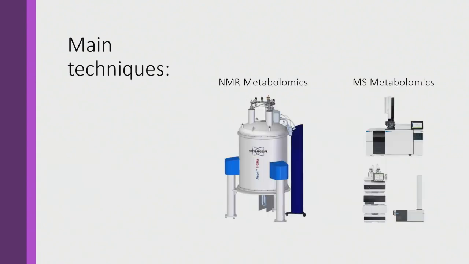The 2 principal techniques are NMR metabolomics, which is older, and mass spectrometry, which is maybe the most used in the molecular biology context. Both of them are very complementary. Indeed, in part of our studies, we are using both, but I will discuss a bit further today nuclear magnetic resonance in the context of cardiometabolic disease.